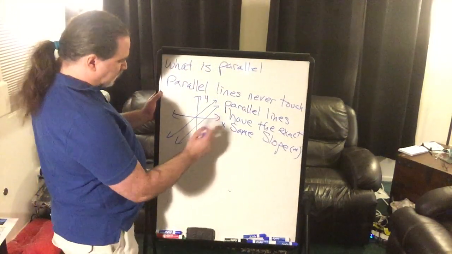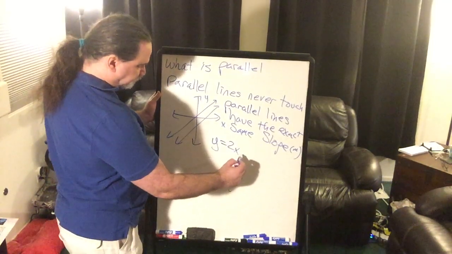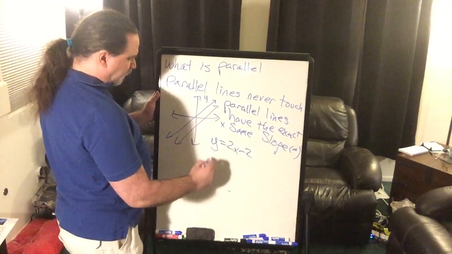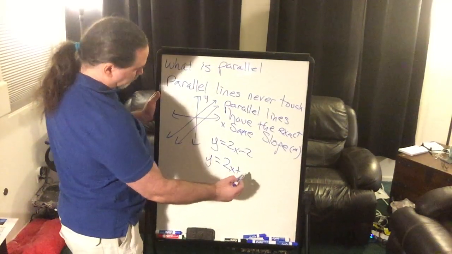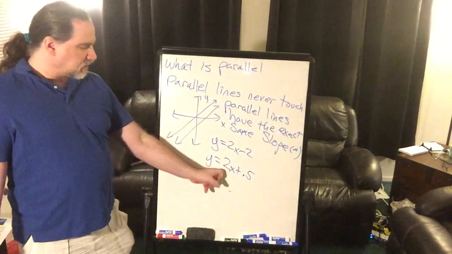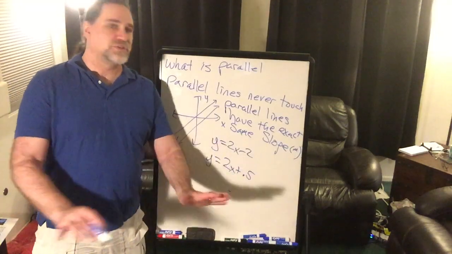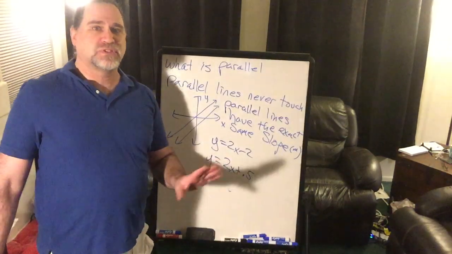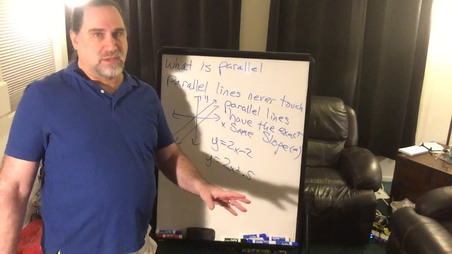So if this equation was y equals 2x minus 2, and the one above it was y equals 2x plus, call it 0.5, they have the same slope, they're parallel. There's no question, no wondering, no let's check it out. As soon as you see the equations in slope-intercept form, you just look at their slopes. Are they the same? Then they are parallel.